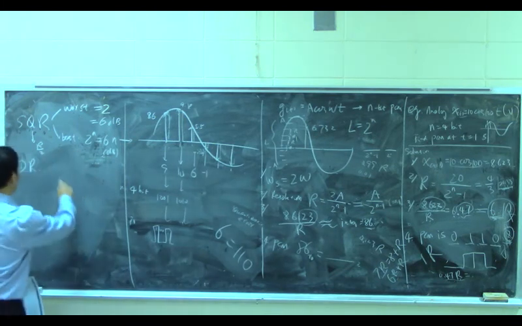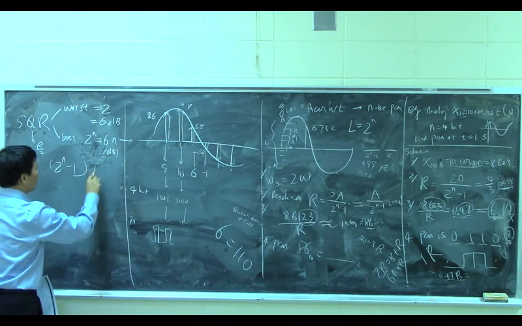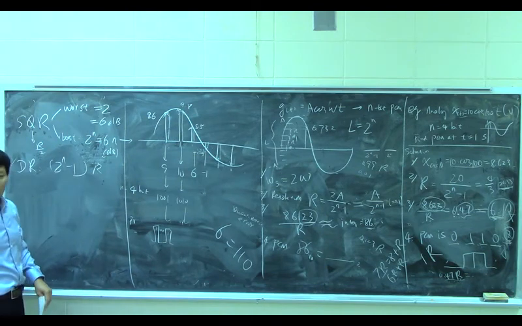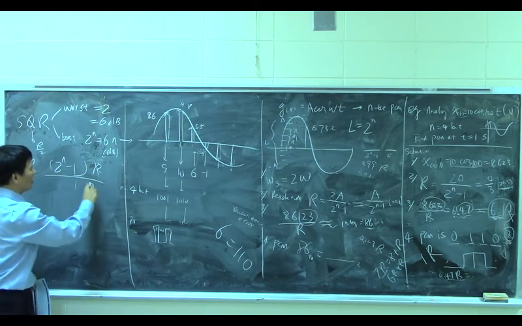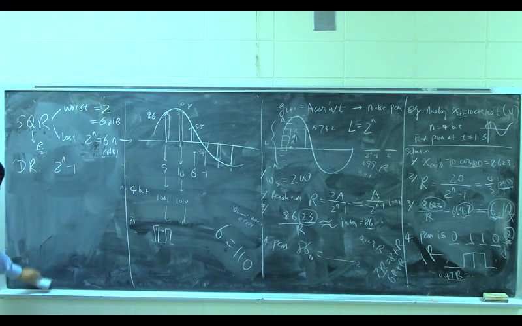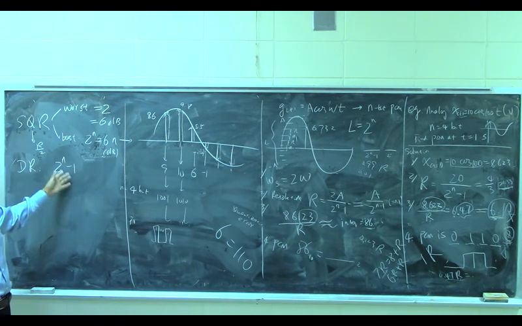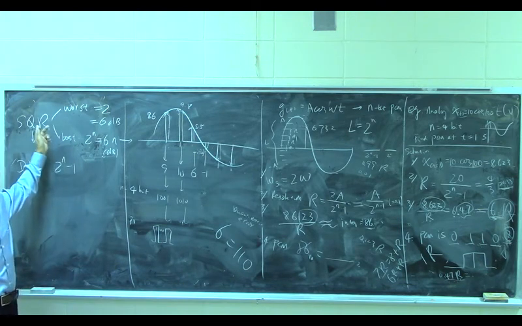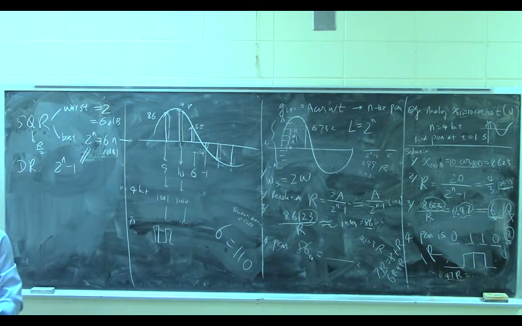The maximum is 2 to the n minus 1, in units of R. The minimum is 1R, so R is gone. This one is the dynamic range. Good? The maximum signal divided by the smallest signal other than 0. Oh, this one exactly equals the best SQR. So this one equals this.